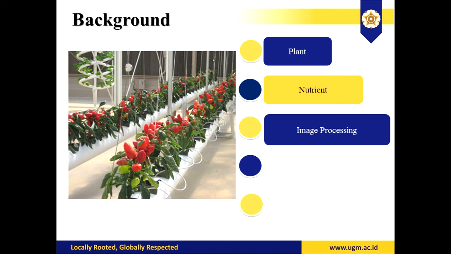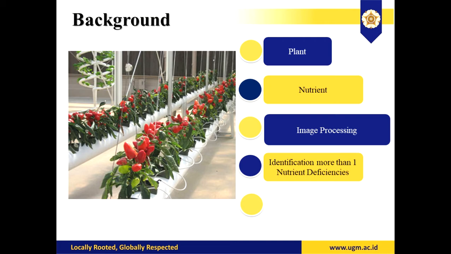That's why a non-destructive method is needed. A non-destructive method can use image processing because, as we know, an image has information that can be analyzed, so we can get the pattern and we can know what's wrong with the plant.